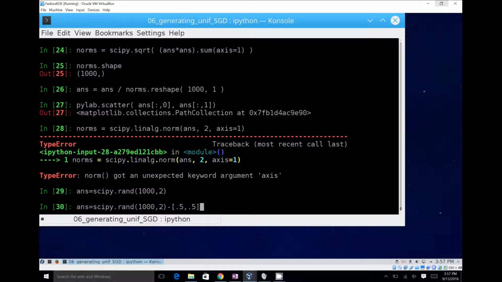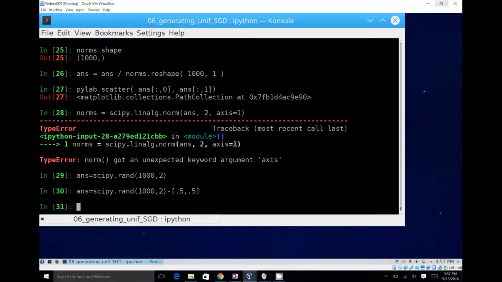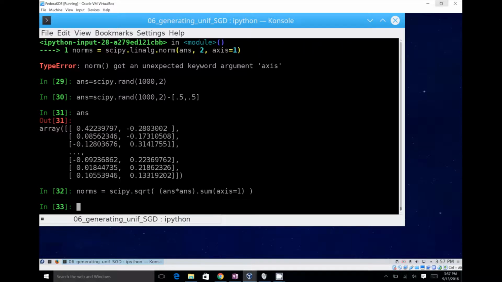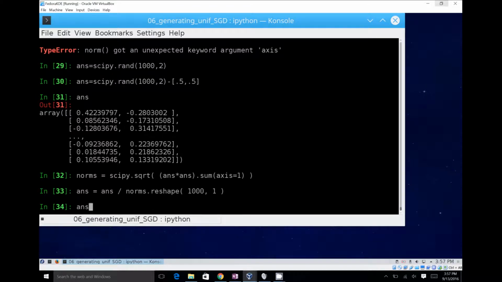So I'm going to subtract 0.5 from that. Let's take a look at what answer looks like, and it looks reasonably okay here. Let's go through our same normalization trick. I have to figure out the norms, then normalize answer, and then scatter plot it.